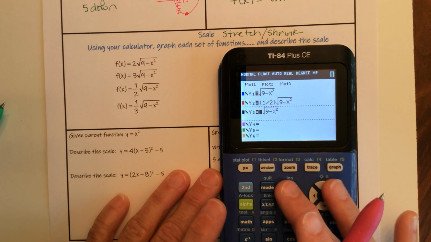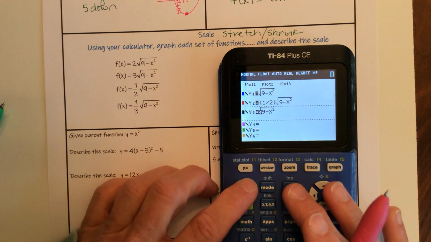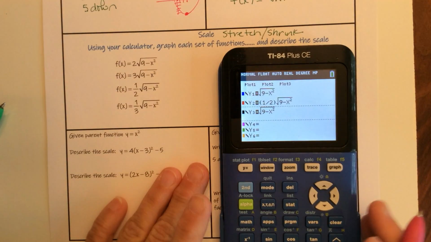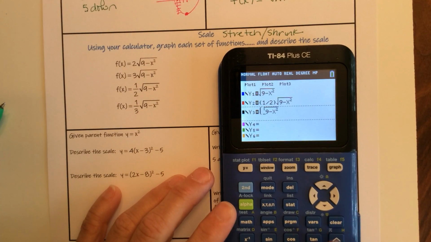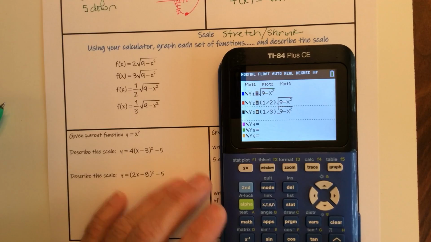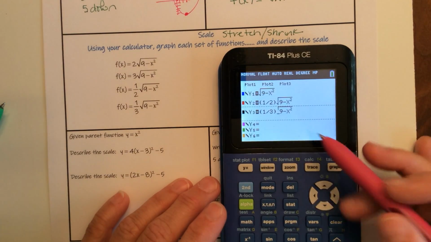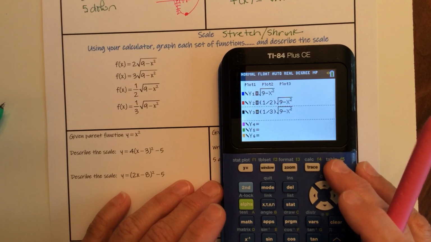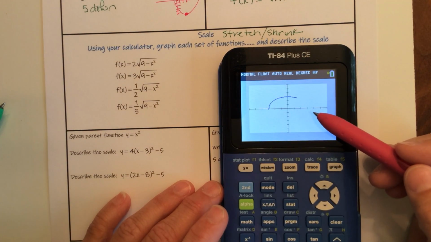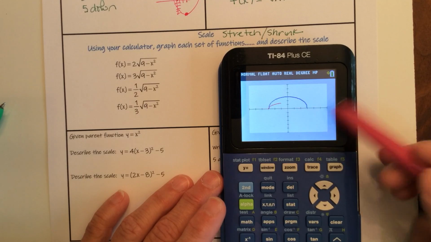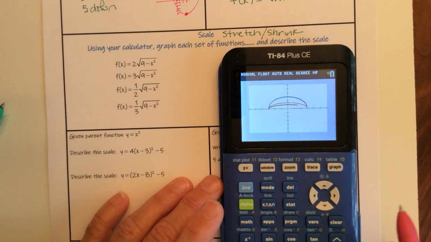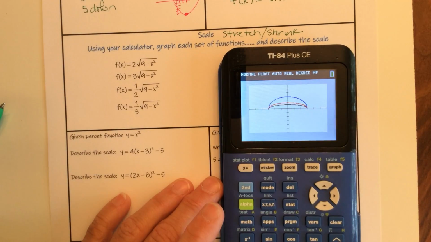And I will delete the 3 and insert, this just keeps me from having to retype the square root of 9 minus x squared, parentheses 1 divided by 3. So this is my 1/3 the square root of 9 minus x squared. I will graph. There's the mom and daddy graph. And we have our 1/2 the square root and now 1/3 the square root.